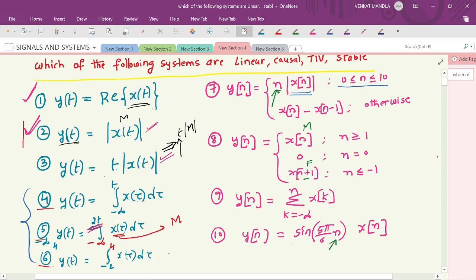So some finite value f, but overall it is finite only. For n ≥ 1 some finite value m, for n ≤ -1 some finite value f, and at n equal to 0 it is 0, which is also finite. So the entire output is finite for a finite input. So this is bounded input, bounded output, a stable system.